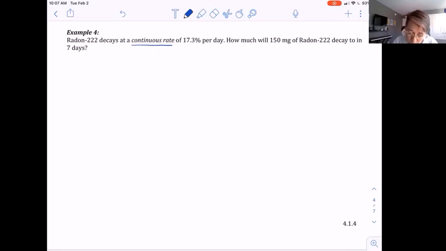So it's a continuous rate, so we know we're dealing with E. Because it decays, okay? Remember, if it decays, that means we're going to write our rate as a negative. So our R is going to be a negative 0.173.